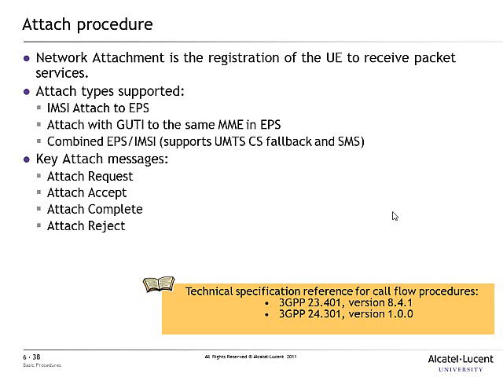There are three types of attaches that are important. The first attach is called IMSI attach. The very first time that you switch on your mobile, or in the case of roaming and you move to a new network, you might do an IMSI attach. But otherwise, you do the attach with the GUTI.